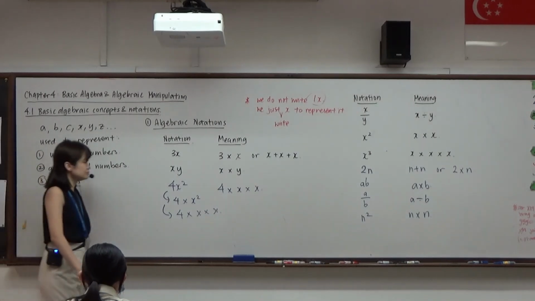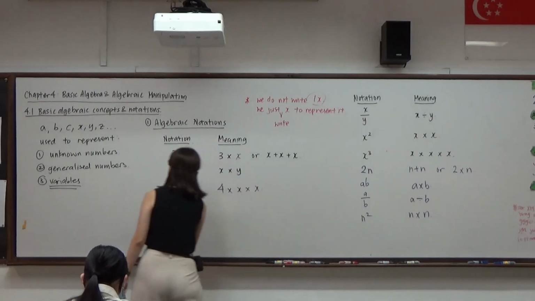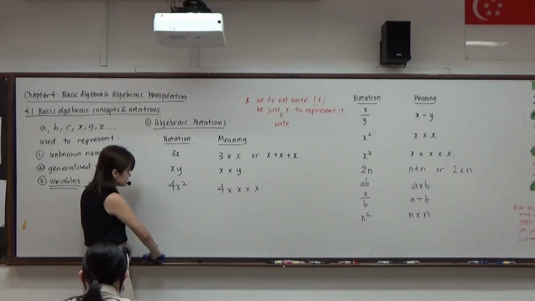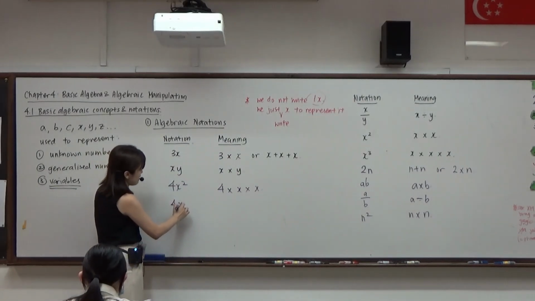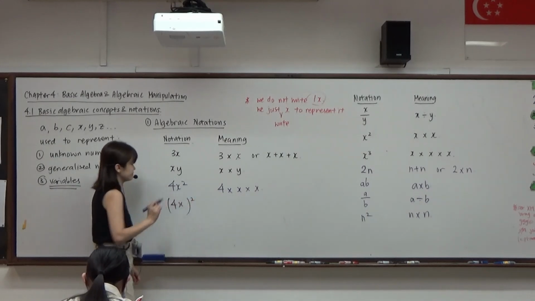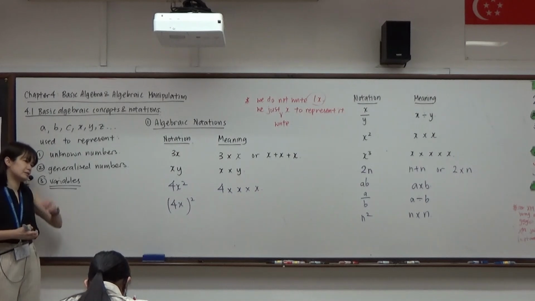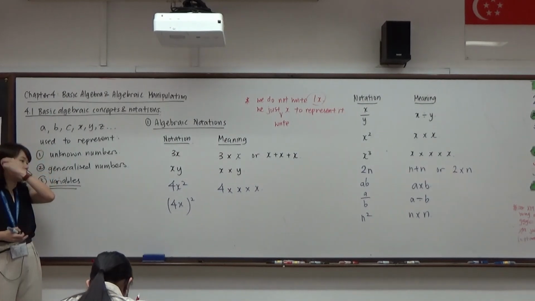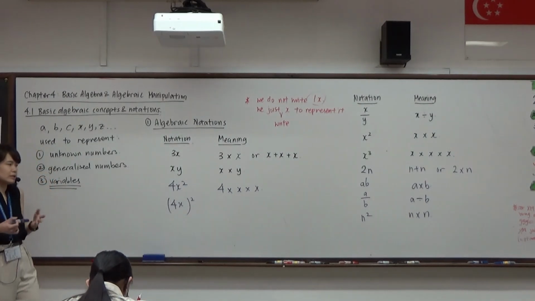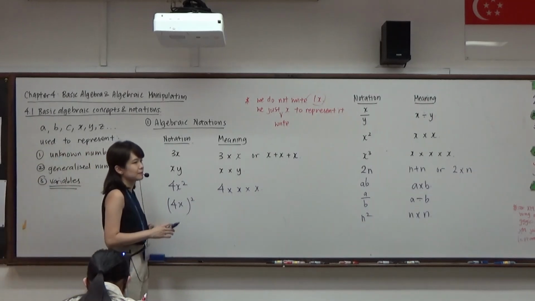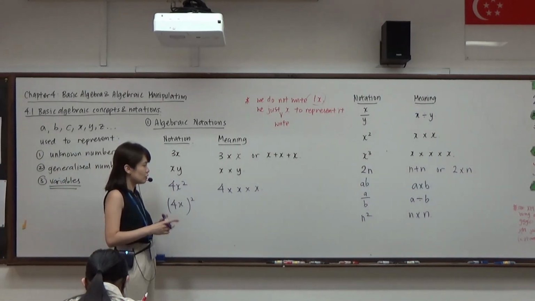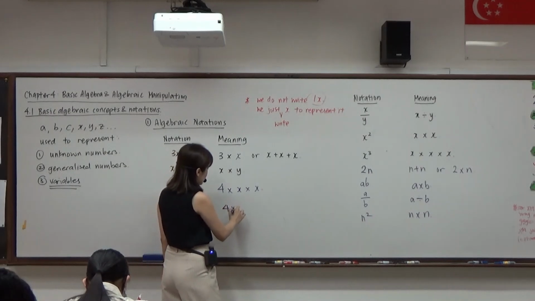So that's good. Then I want to ask, what if I have brackets? And I write it like that. Yes, Xavier. I do the 4x first. 4 times x, and then what about the square?